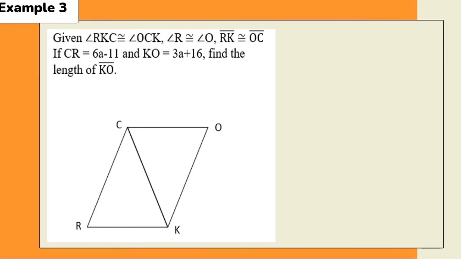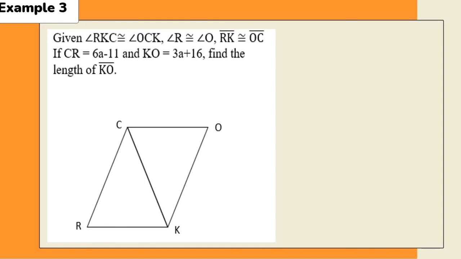Next example, given that angle RKC is congruent with angle OCK, then angle R is congruent with angle O, and segment RK is congruent with segment OC. If RC is equal to 6A minus 11 and KO is equal to 3A plus 16, find the length of KO.